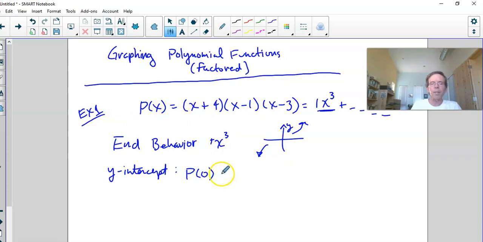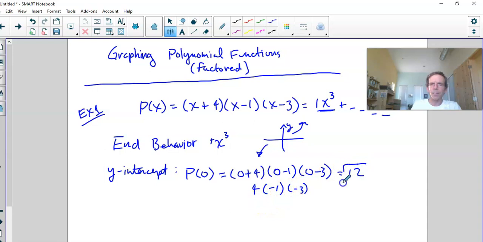So we want p of 0. We'll get 0 plus 4 in the first binomial, 0 minus 1 in the second one, 0 minus 3 in the next one. You can see that basically this is 4 times -1 times -3, and that is positive 12. Okay, so that's our y-intercept.